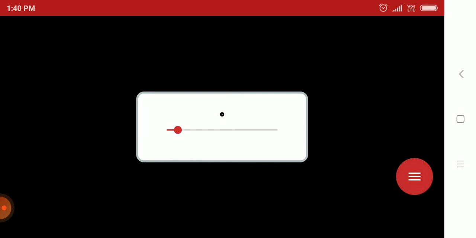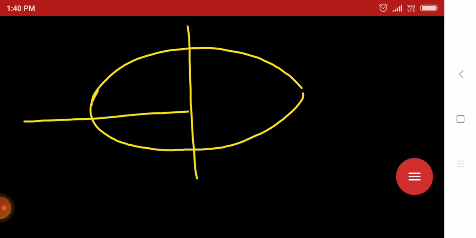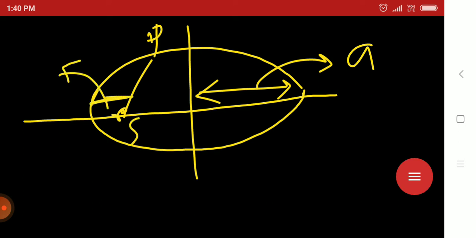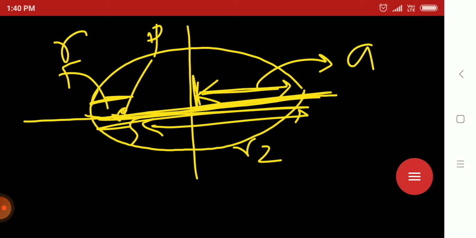If you have drawn an ellipse here and I'm bisecting it, this is the semi-major axis A, and here from sun S to planet P, this portion is R1 and this portion is R2. So R1 plus R2 equals this total portion, but A is half of this total portion.